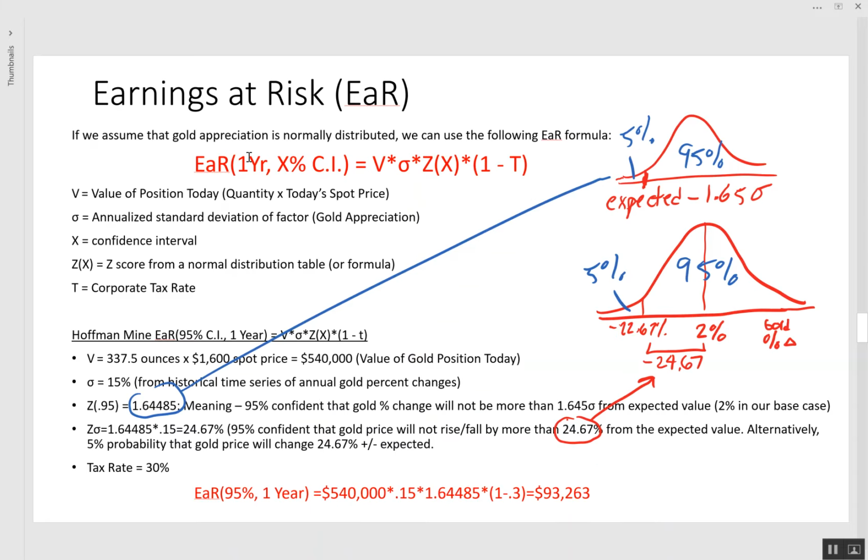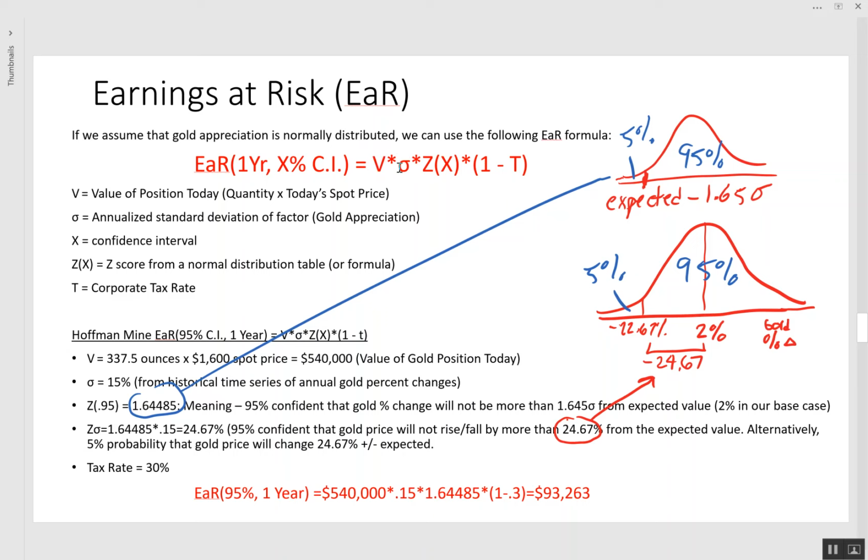The EAR is this formula: V times sigma times Z of X times 1 minus the tax rate. The V is the quantity of the good, in this case gold, we're just doing a gold earnings at risk number here. It is the value of the gold today, which means our total quantity times today's spot price.